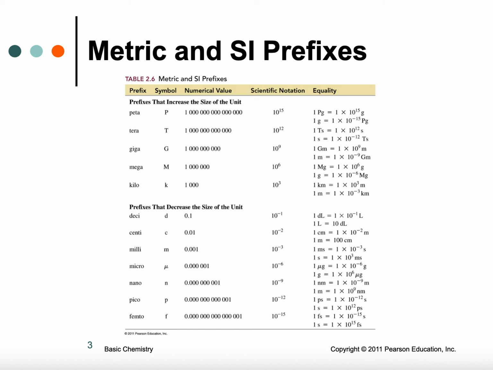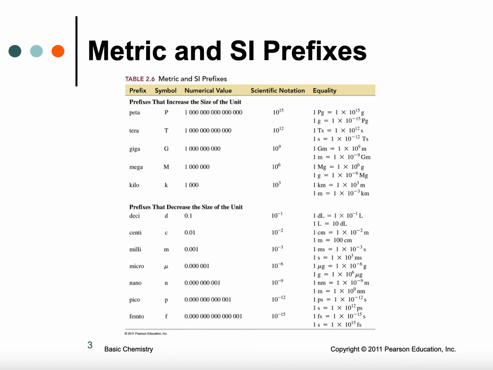Pico, so you have a million, a billion, a trillion. And then femto goes to 10 to the 15. I lose my words after that. I'm just saying 10 times 10 times 10, 15 times. You're dividing that into a meter. That would be a femtometer.